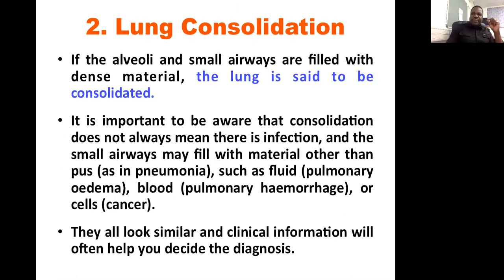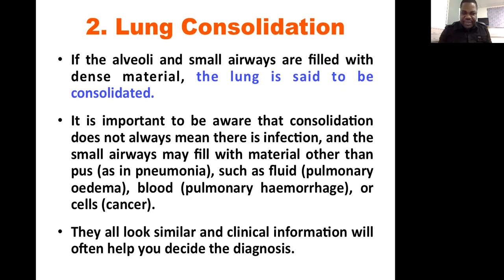Okay, now the second commonest pattern that you can see in COVID-19 patients with pneumonia is what we call consolidation. Consolidation simply is when both small airways and alveoli in the lung are filled with dense materials.